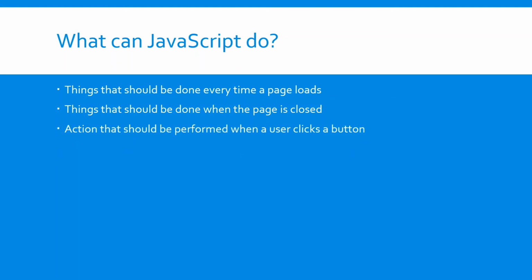The action that should be performed when a user clicks a button. Content that should be verified when a user inputs data. These are some of the things JavaScript can do on the basis of events, and many more.